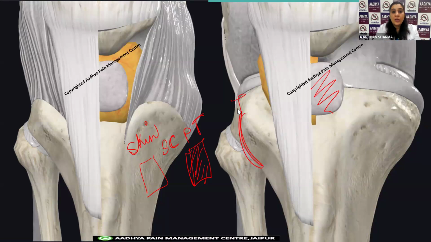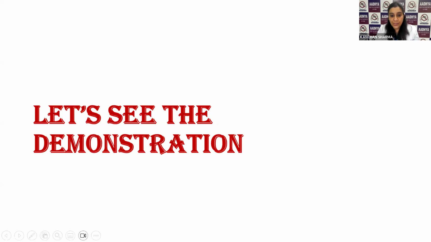If I have a bursa between the patellar tendon and the skin, it becomes the superficial infrapatellar bursa. If I have a bursa between the patellar tendon and the tibia, this becomes the deep infrapatellar bursa. All this we will be seeing today. If you have any doubts, you can ask me. We will be discussing the pathology in a while.